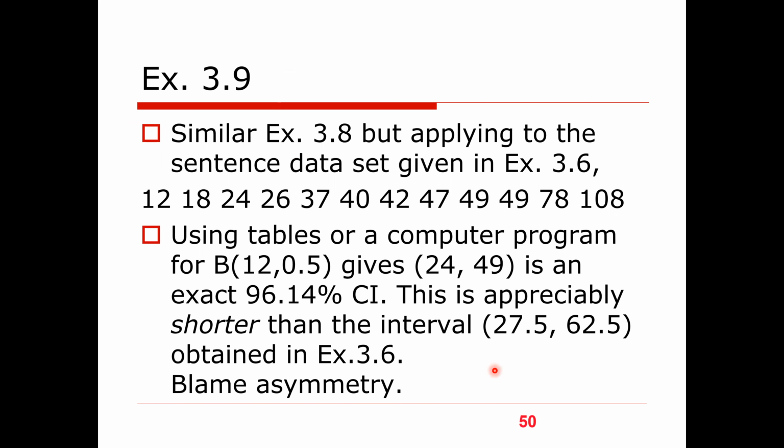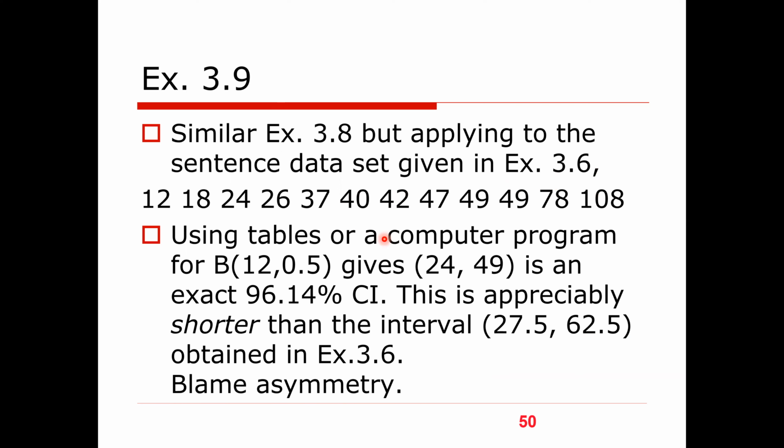Example 3.9 is like example 3.8, but only applied to the sentence data we used in example 3.6. So we have a 108-word sentence, which may be an outlier, and we want to get a binomial confidence interval.